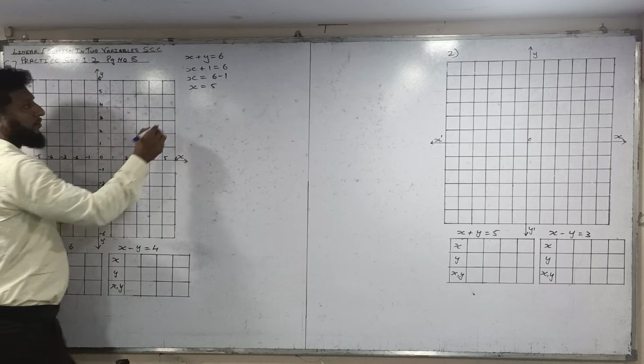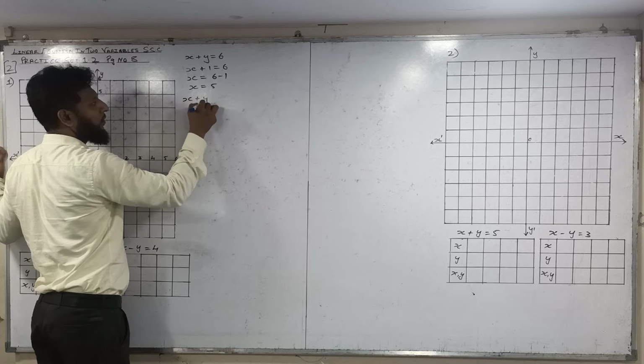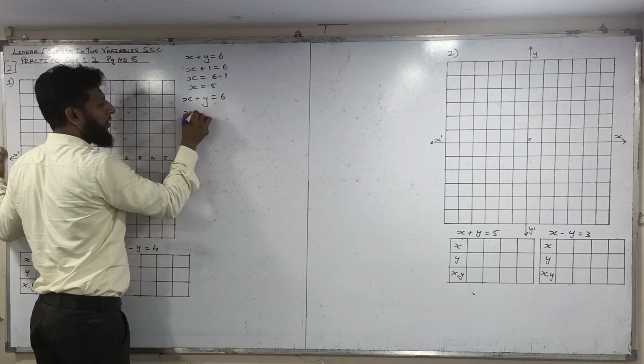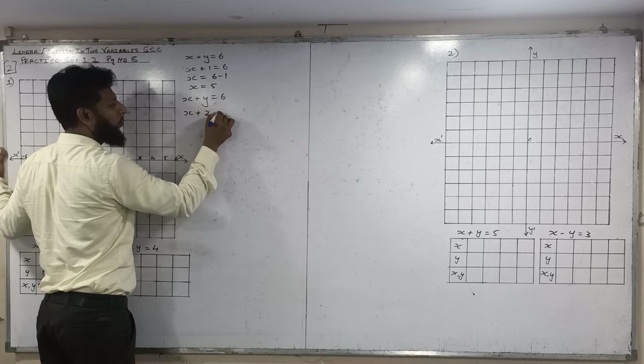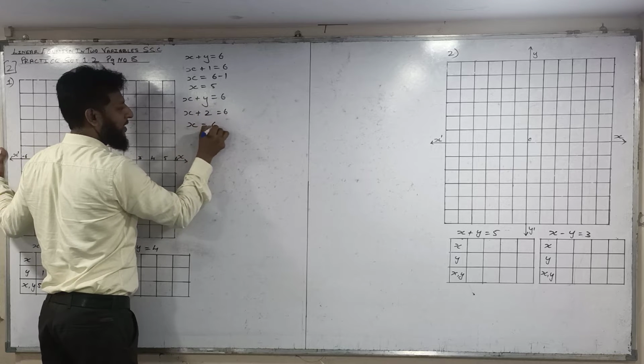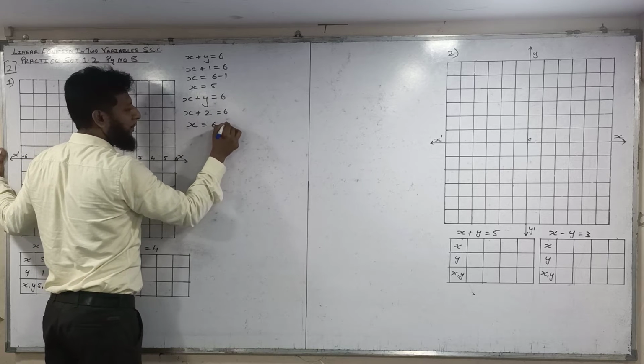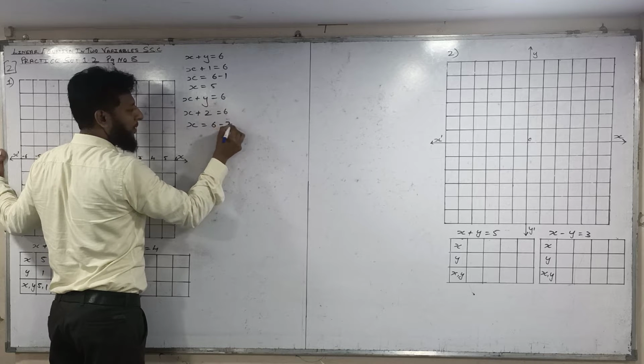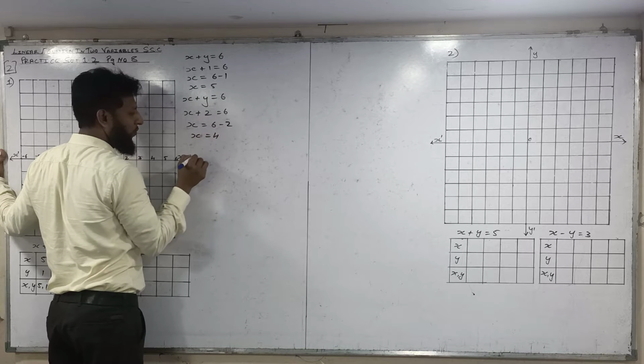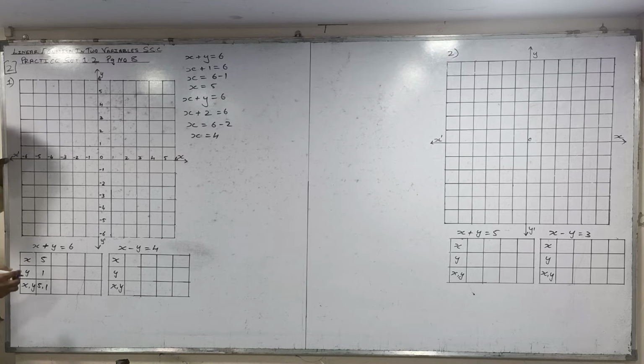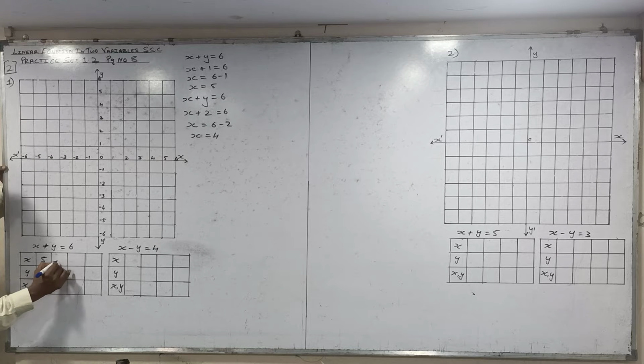Now again x plus y is equal to 6. Again take a value of y, 2. So x is 6 as it is, 2 will go there as -2, x is equal to 4. So when I have taken y value 2, I get x value 4. Okay, 4 and 2.